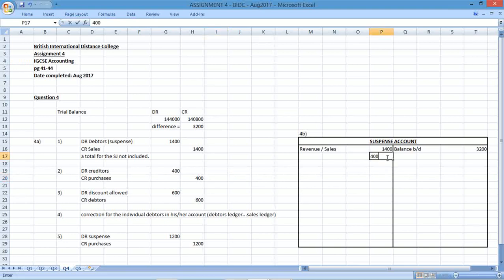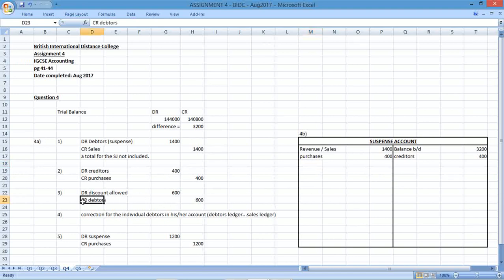So 400 and 400 coming from the suspense. So overcast meaning there's a difference. So the difference here being 400 from the purchases, and this was in the journal, so affecting the creditors. So we're going to have to debit the creditors and credit the suspense, and credit the purchases and debit the suspense.